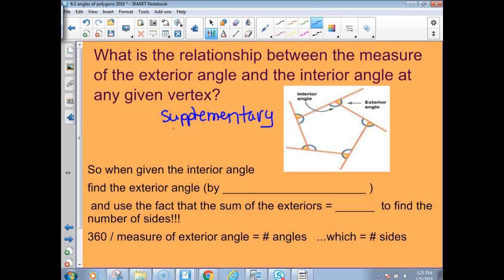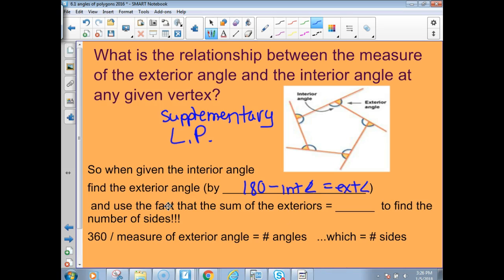They're a linear pair. Okay, so when given the interior angle, find the exterior angle. So if you know the interior, to get the exterior angle, you'll do 180 minus the interior angle. That's going to equal the exterior angle.